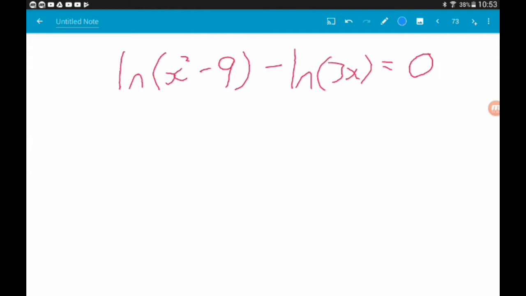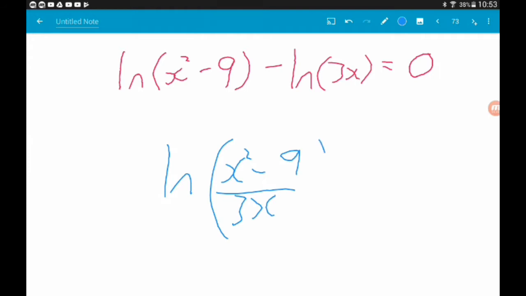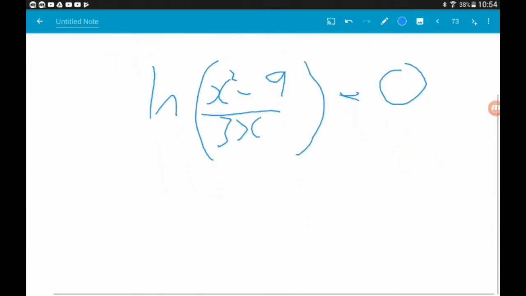So we get log of x squared minus 9 over 3x is equal to 0. Now we've got the natural logarithm, so raise both sides as a power of e.